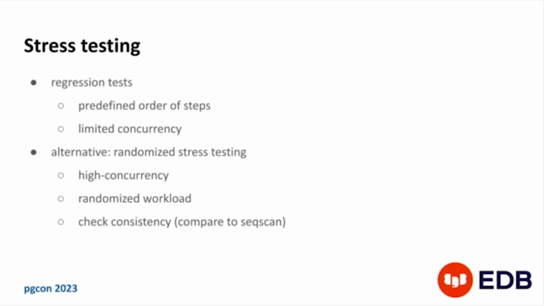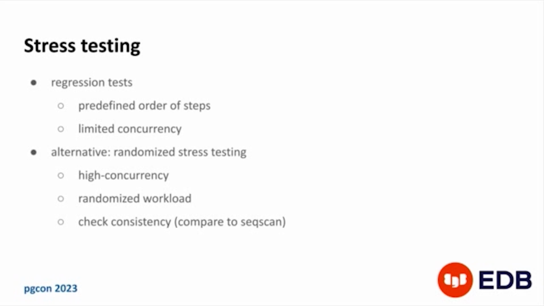Those are fairly well predefined sets of tests with very low concurrency, because we essentially just run a single SQL script. And it's not a massive number of updates from different sessions. Also all the steps are executed in a very strictly predefined ordering, so there's very little variability in the tests. And all the bugs that I discovered were about highly concurrent environments.